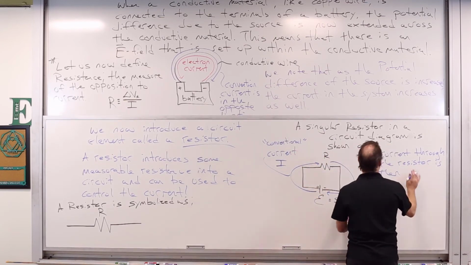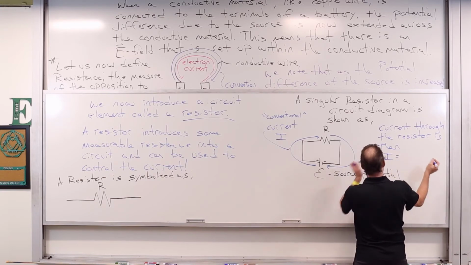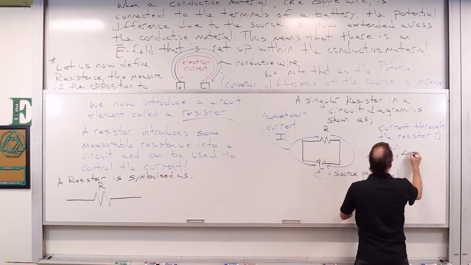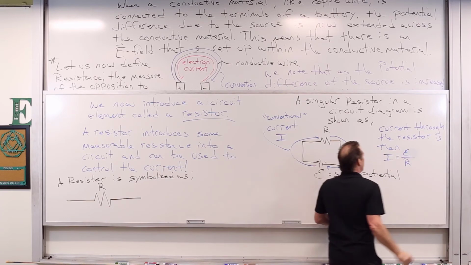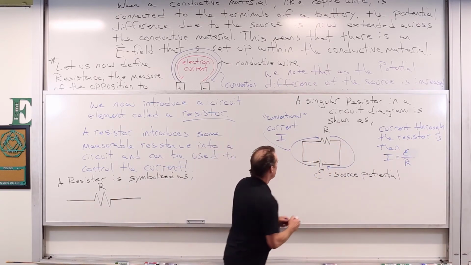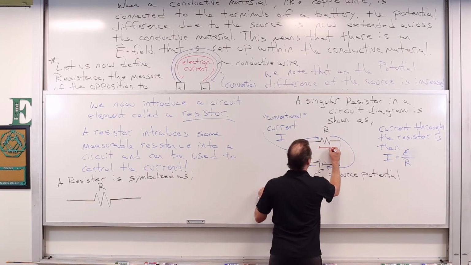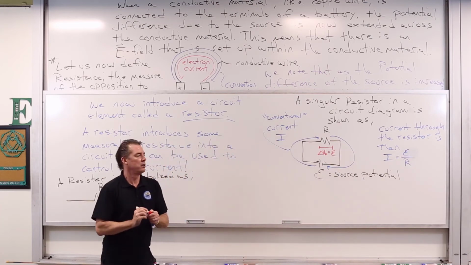We have the current, and this will be the resistance. And we'll have that I is equal to delta V, or rather the source potential, divided by the resistance, because we'll assume that the potential difference delta V sub R is equal to that of the source.